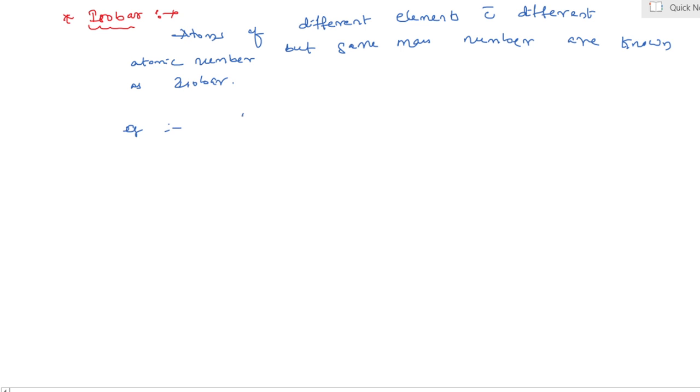For example, argon 18, 40, and calcium with atomic number 20, 40 are isobars. Yes, my dear students.